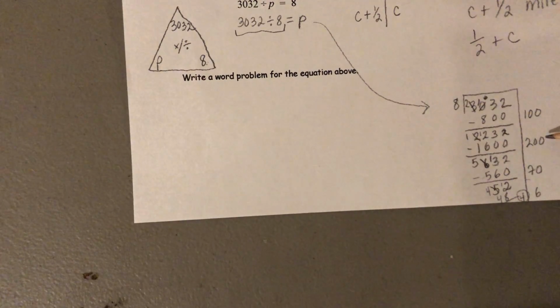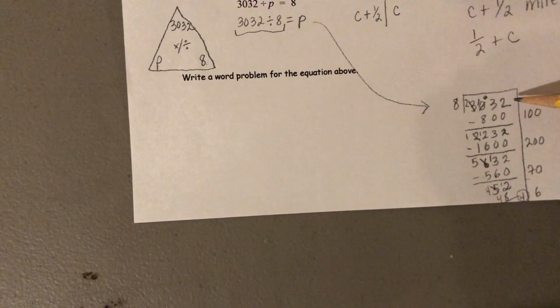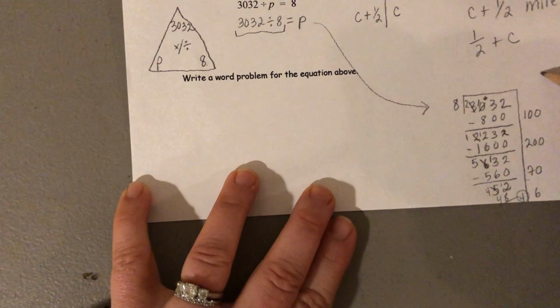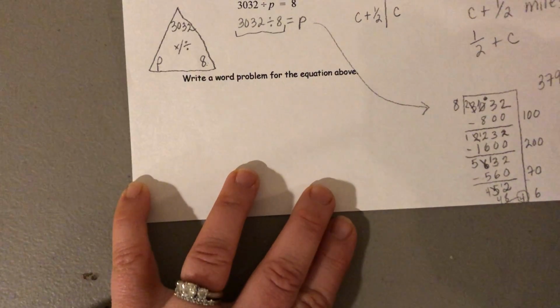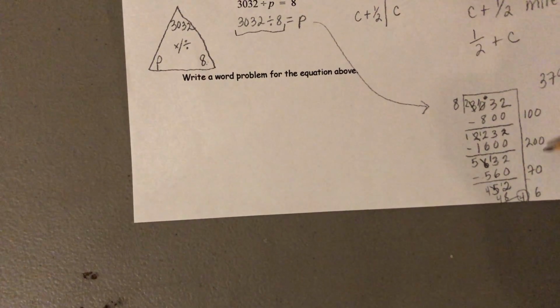Unless I got the wrong answer the last time. Okay, I think the answer to this is 379. That's what I got the last time I did it. So I did something wrong.